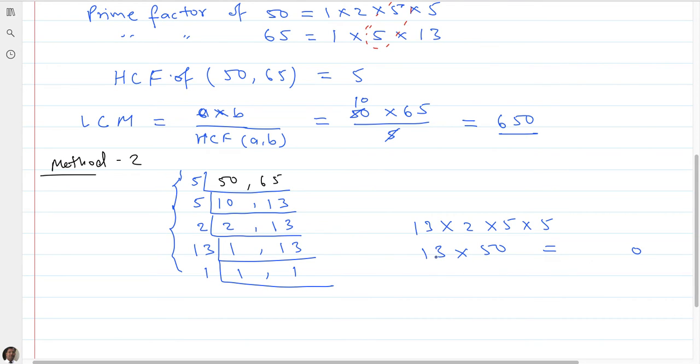Again I am multiplying 13 by 50, so 0, and 13 multiplied by 5 will be 65, giving 650. Have you understood? By applying the formula we get 650, and by prime factorization we also get the same value.